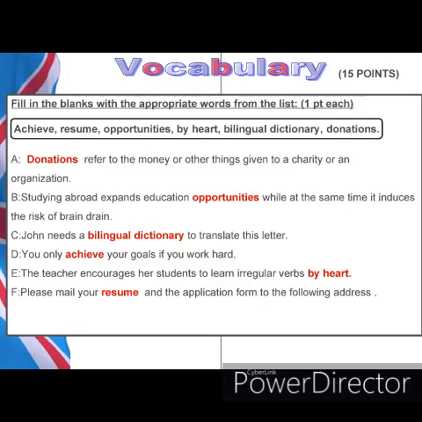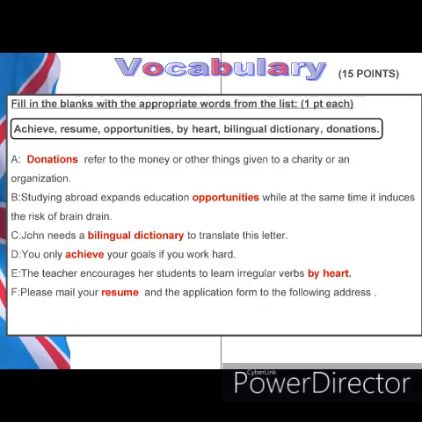Bilingual dictionary, it's a dictionary that interpreters and people who work in the field of translation rely on in order to translate. Bilingual here, it's a dictionary that involves more than one language.